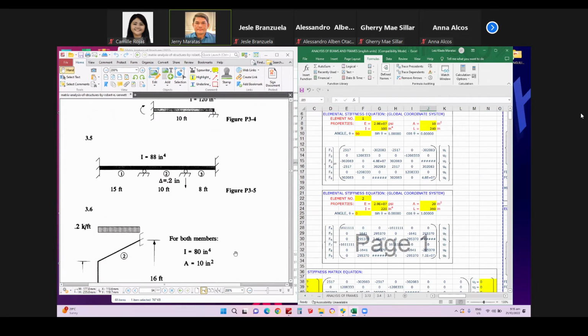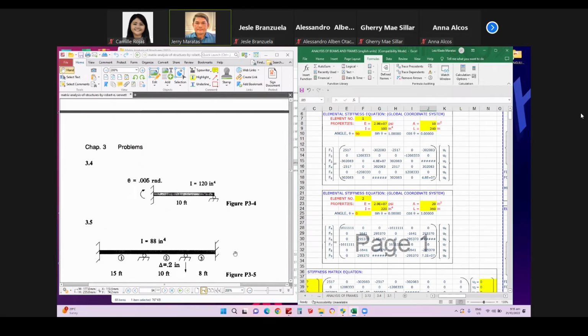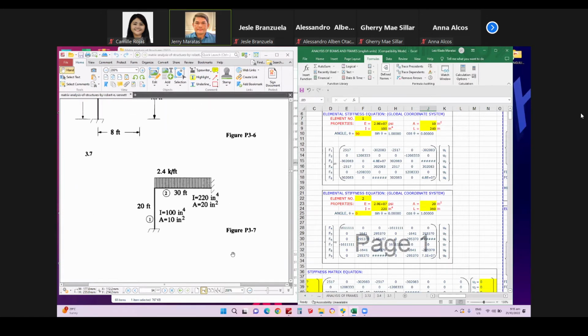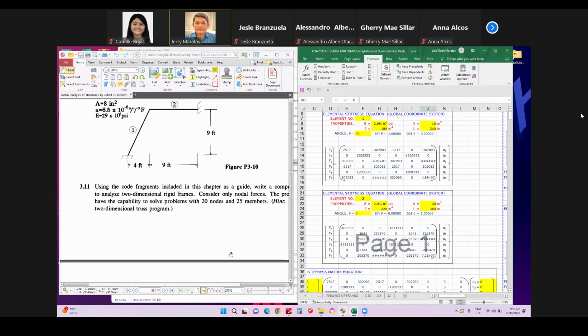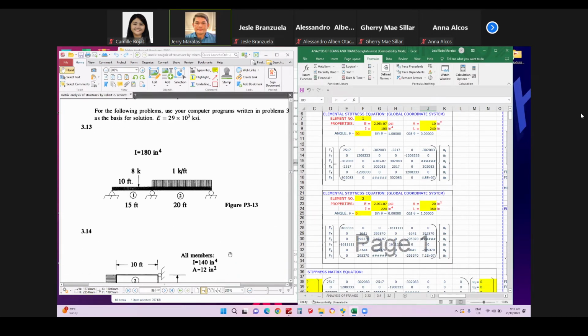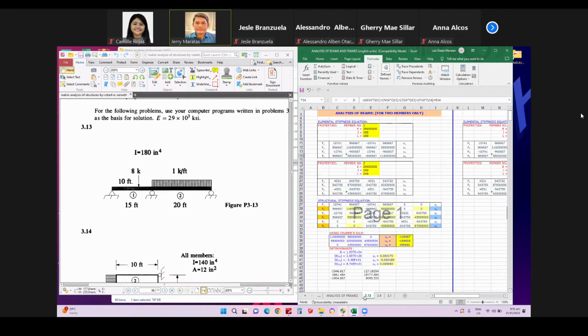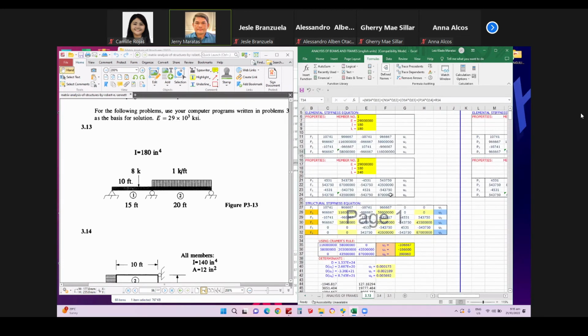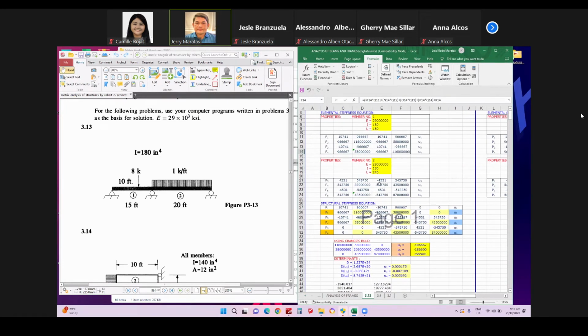We're using nodal force. So there are 2 members. Per member, number 1, this is our member 2. Then after that, you combine and apply the nodal forces.